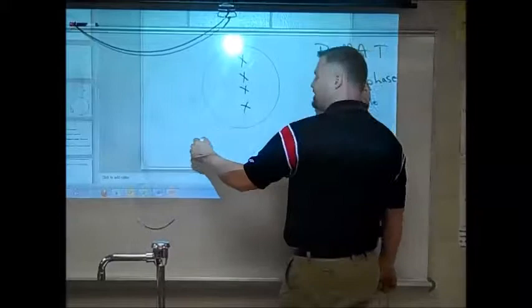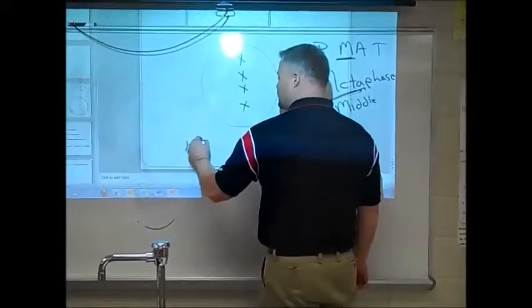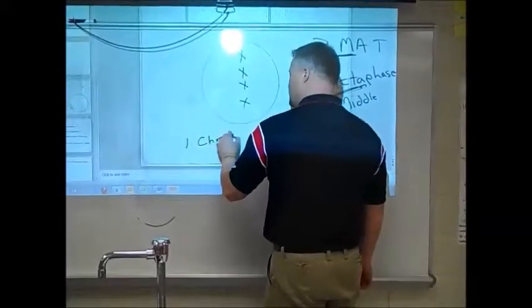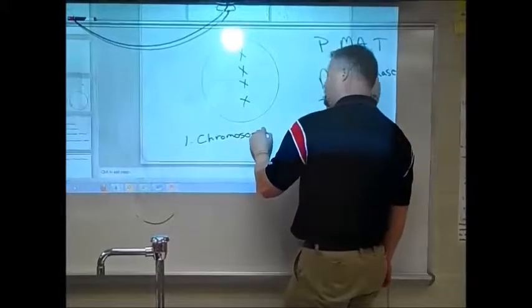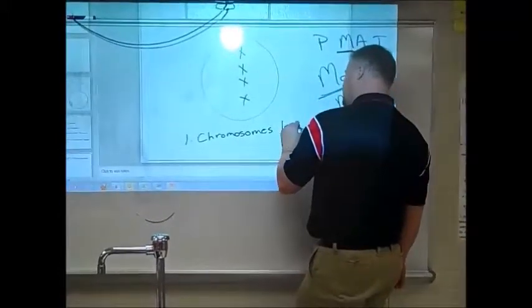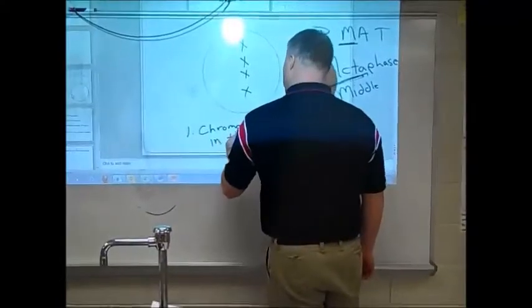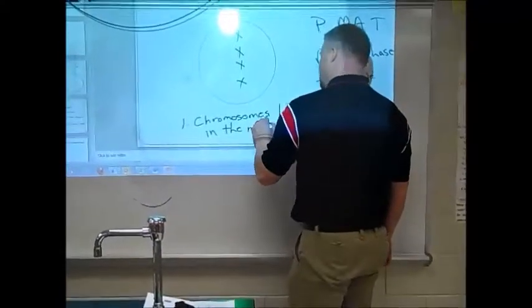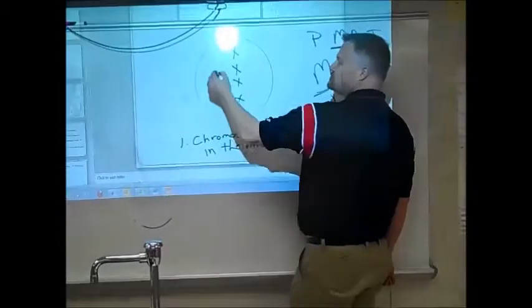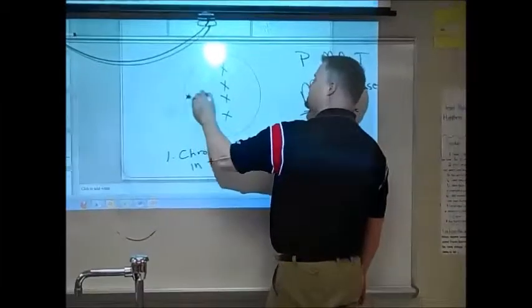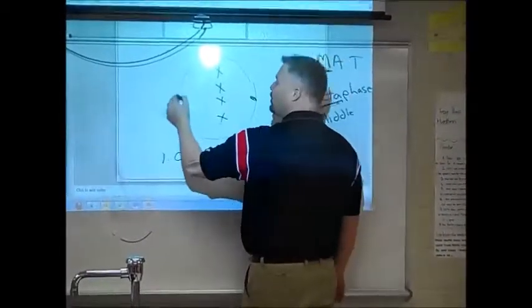So that's highlight number one: chromosomes line up in the middle. Along with that, those centrioles are now placed at the poles of the cell.